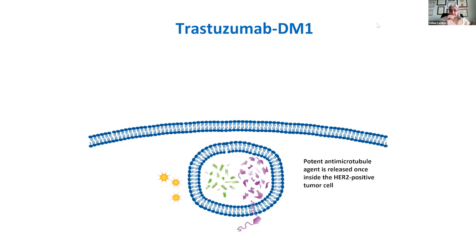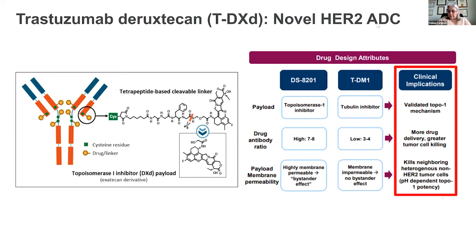Now, more recently, we have these other antibody drug conjugates, and you can see here on your left the same image, so you understand. There is the antibody, and then all these, I don't know, yellow dots that you see here are chemotherapy molecules.